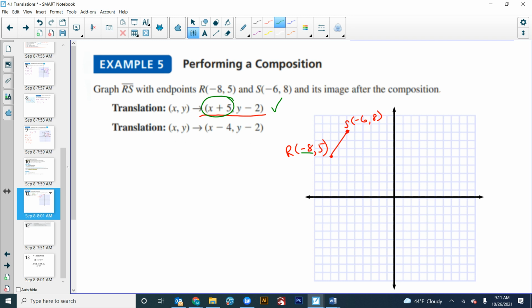Well, if I move right 1, 2, 3, 4, 5, and then I move left 1, 2, 3, 4, I'm actually right there, aren't I? These are two translations. The first one told us to move right 5, and then left 4. My R prime is now at -7.